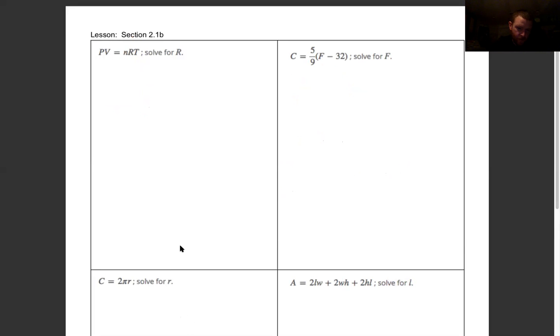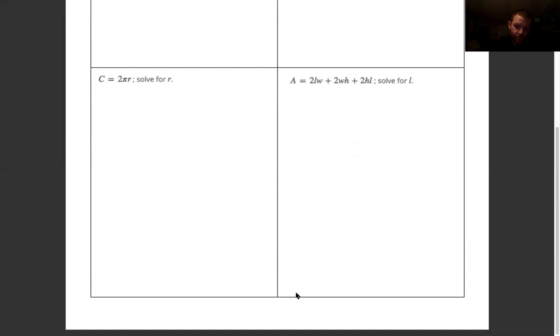All right, move it up. We'll do the last two. So the next one, C is equal to 2 pi r. Circumference is equal to 2 pi r. R is here. We got to get that by itself. And again, we're multiplying by 2 pi. How do we get it to the other side?